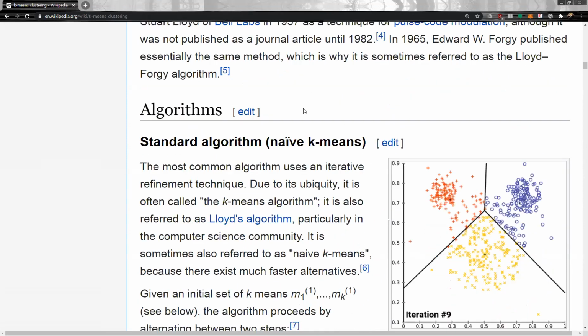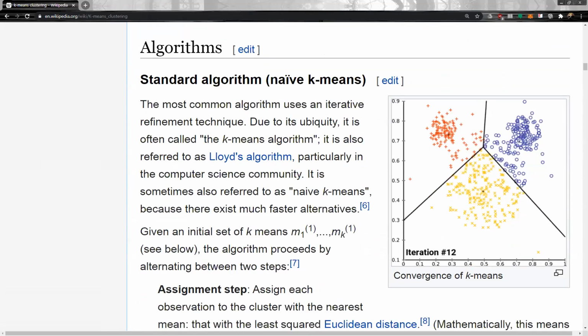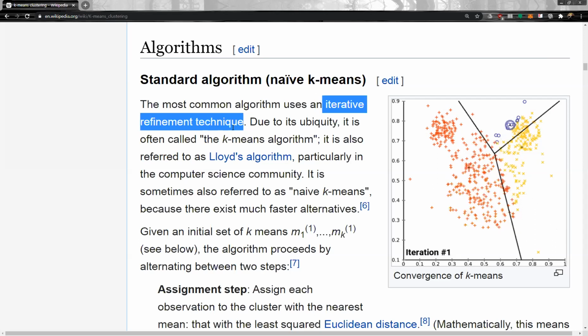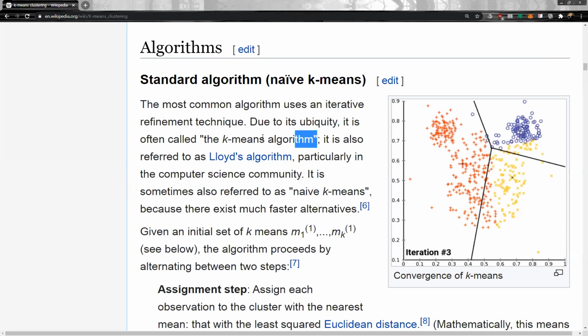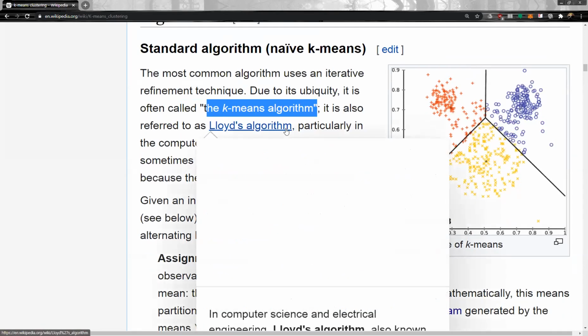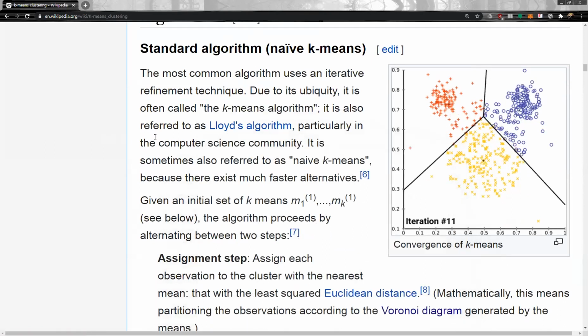There is a very interesting algorithm: the standard algorithm, naive k-means. So let's go through this. The most common algorithm uses an iterative refinement technique. Due to its ubiquity, it is often called the k-means algorithm. It is also referred to as Lloyd's algorithm, particularly in the computer science community.